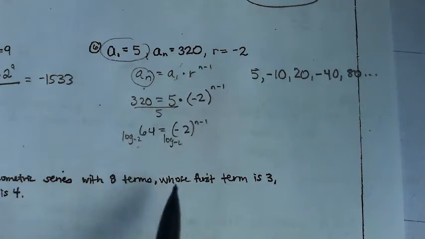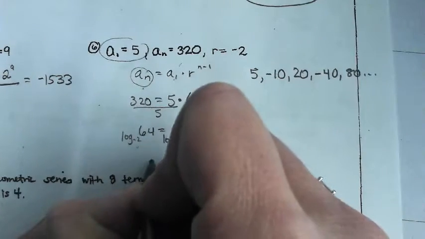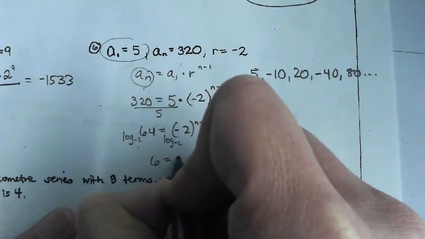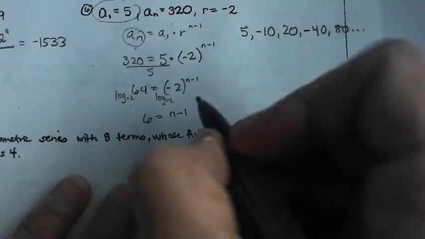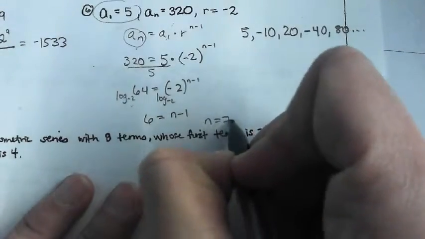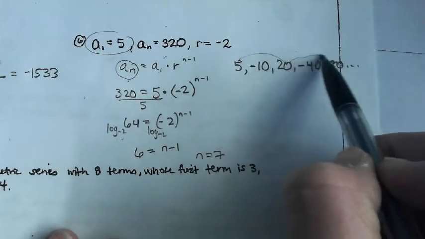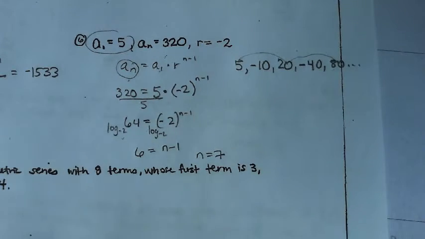So we can sort of ignore that negative and just take log base 2 of 64. And what do we get? 6. So 6 equals n minus 1. And then when you add 1 to both sides, this is 7 terms, because every odd term, the first, the third, the fifth, and the 7th, are all going to be positive anyway.